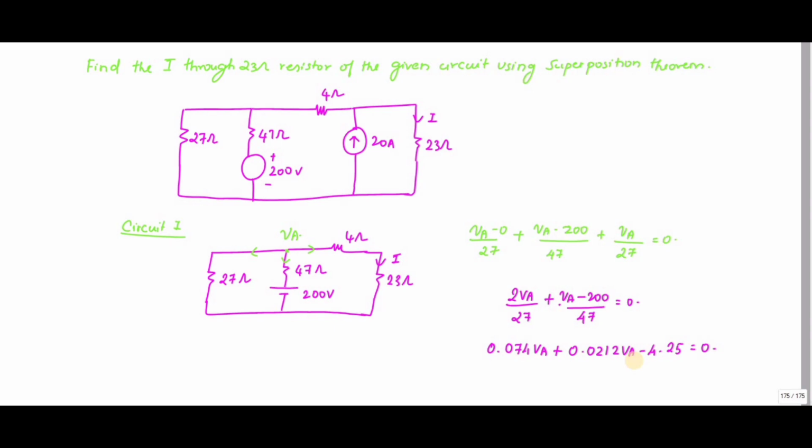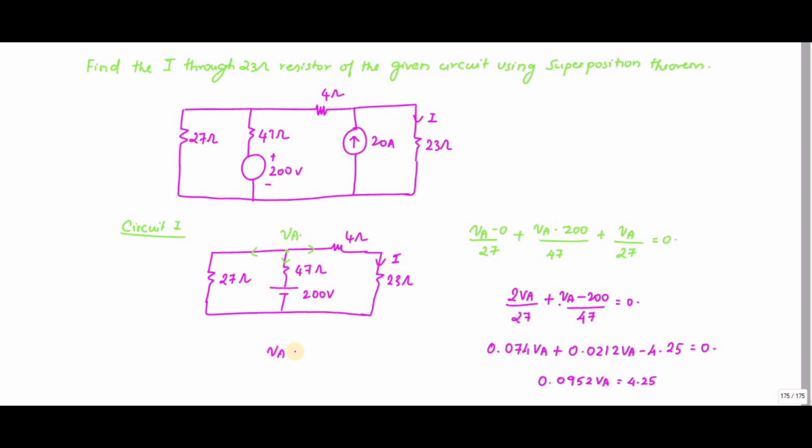So 0.074 plus 0.0212 VA is equal to 4.25.